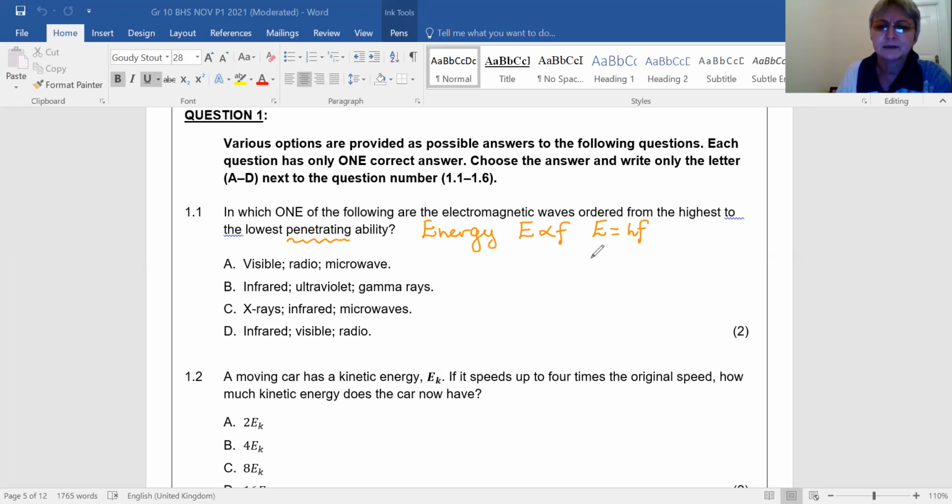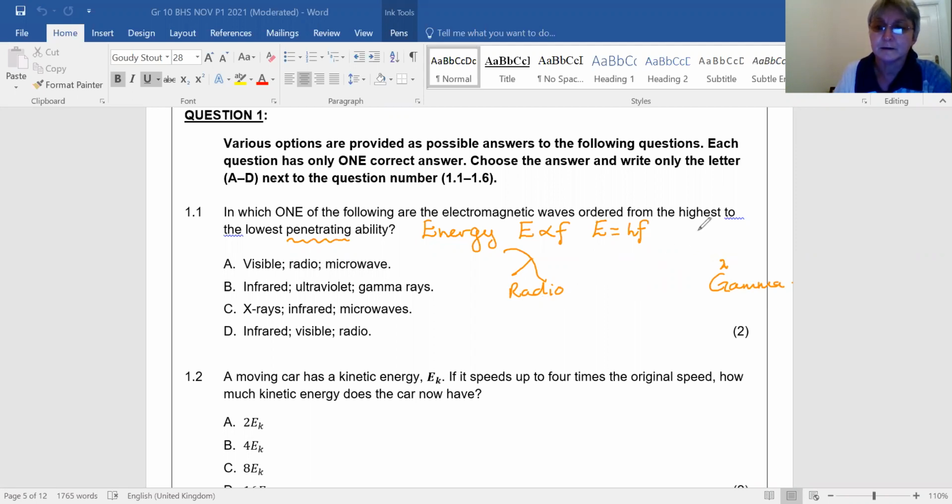Now, if we look at the spectrum, the longest wavelength waves would be radio waves. And it goes to the shortest wavelength, which is gamma rays.